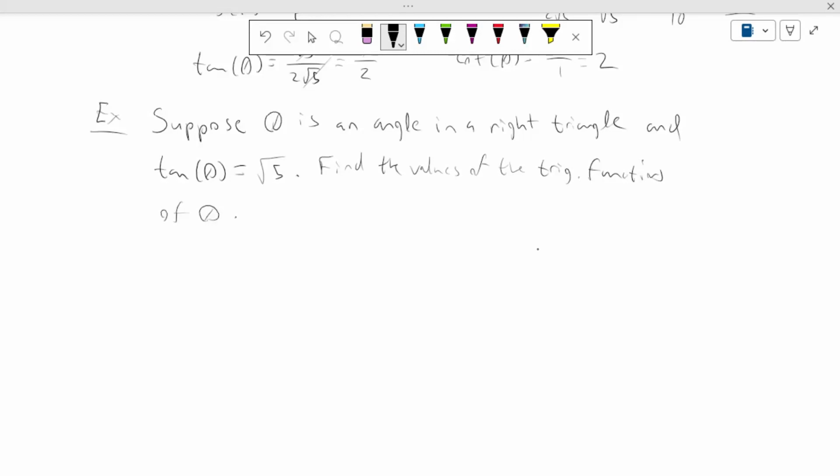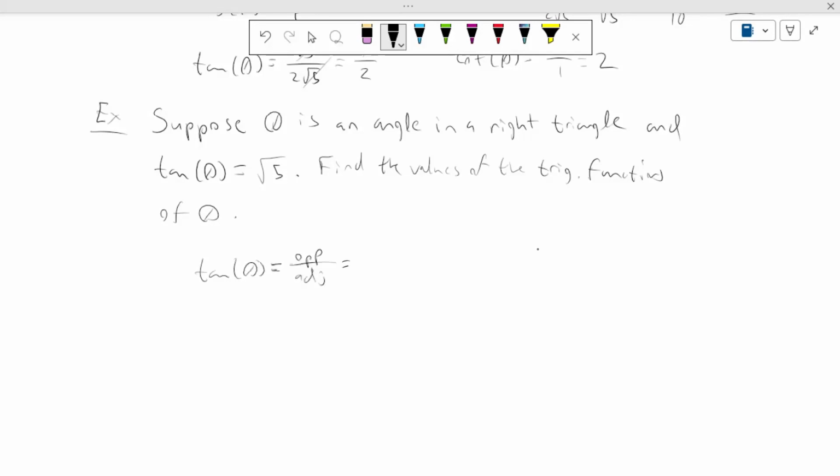Okay, so let's see. We can do some of this with trigonometric identities, right? Oh, we don't have the Pythagorean identities yet. Never mind. Yeah, so instead of doing that, let's go ahead and draw a triangle first. Okay, so I'm going to draw a triangle where tangent of theta is equal to square root of 5, right? So if you recall, tangent of theta in a right triangle is always supposed to be equal to opposite over adjacent, right?